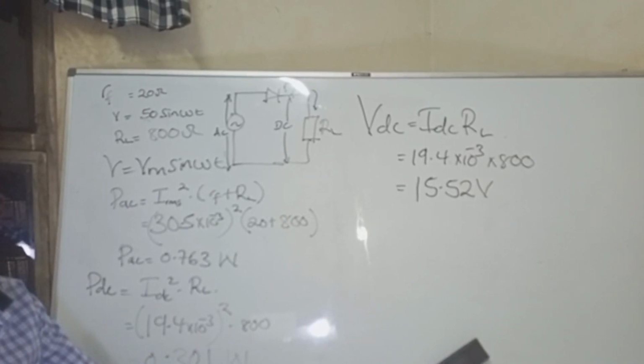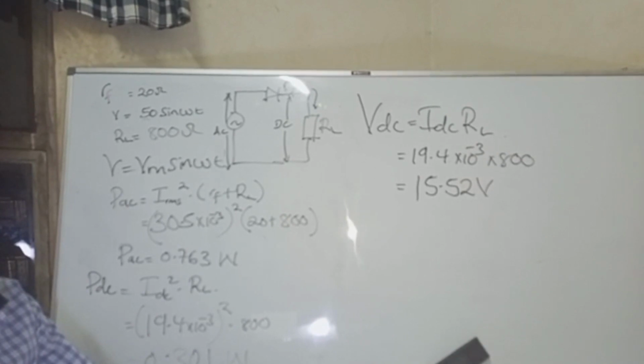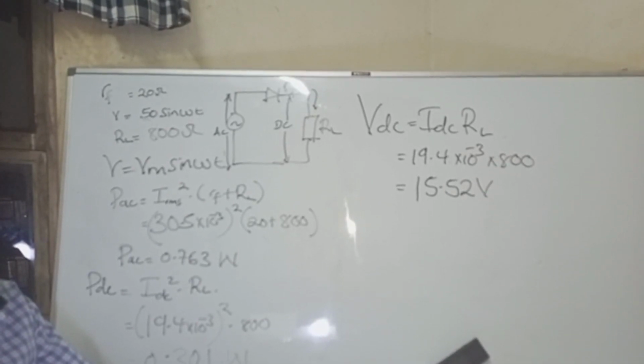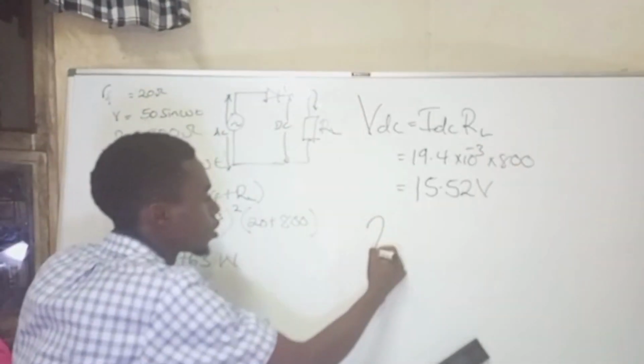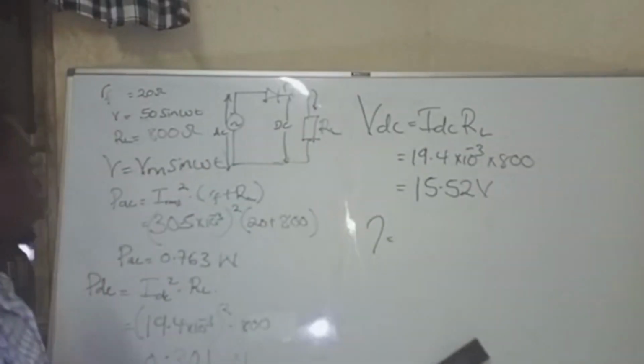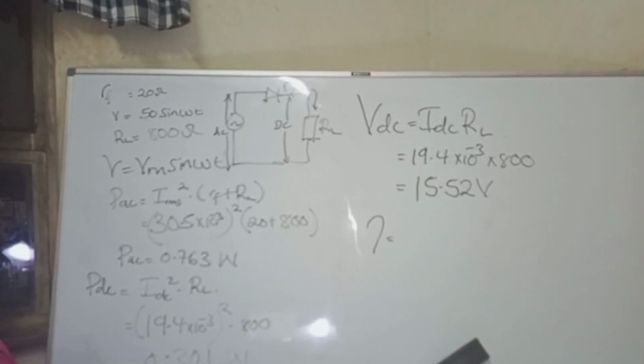Then the last question about this section is simply the efficiency of rectification, whereby we know that efficiency is the ratio of DC power output to AC power input.